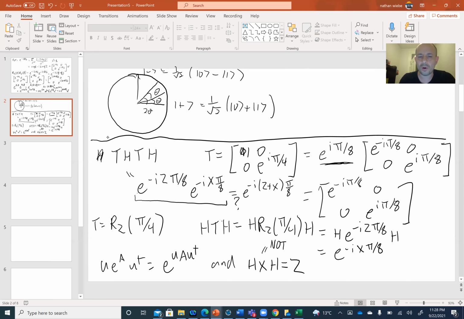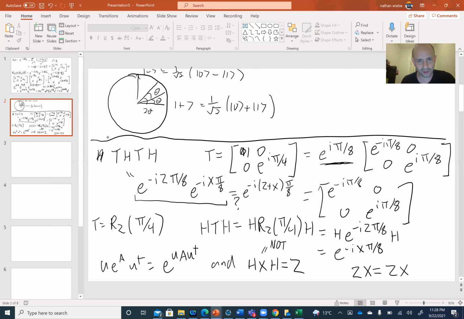Because this rule for being able to add the matrices in the exponent will end up working when the two matrices commute. And two matrices are said to commute, in this case, if XZ is equal to ZX, as in the order of the two operations doesn't matter.